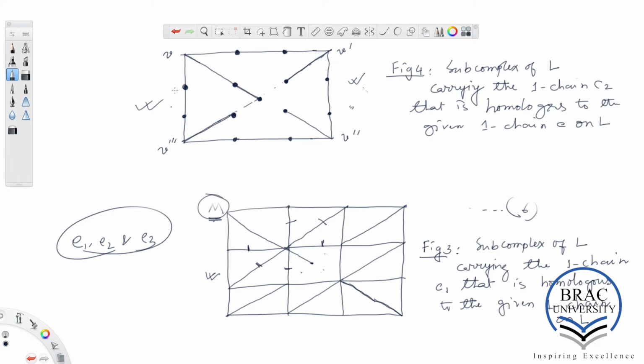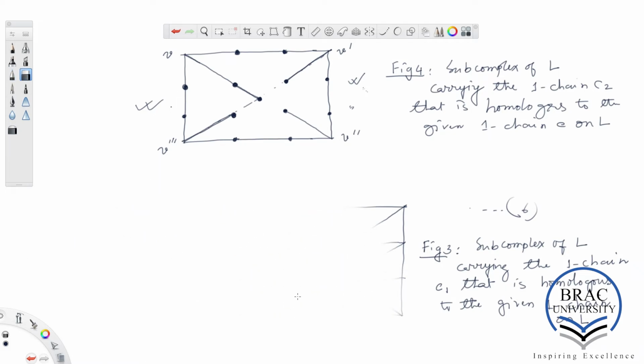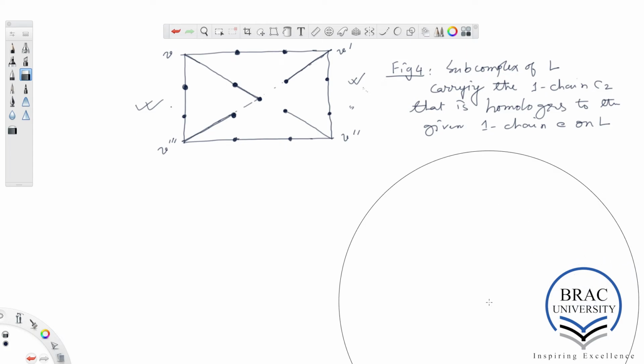Good, so we have gotten this far. We don't need this subcomplex anymore, so let me get rid of this bottom figure. Let us call this one chain C2.